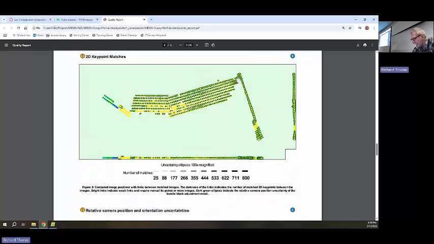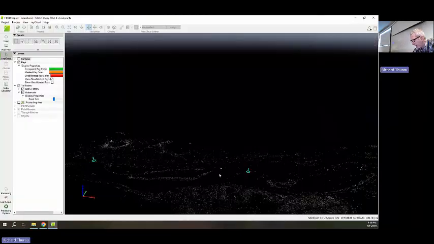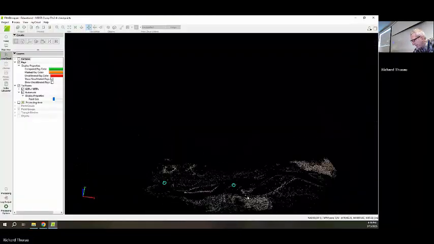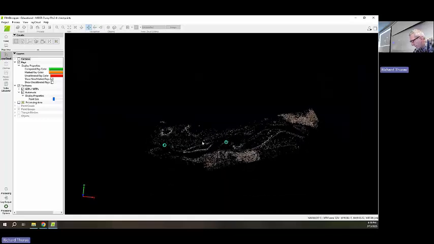But let's say I was interested in looking at this area of the project and what the tie points are in there. That area is right around here.